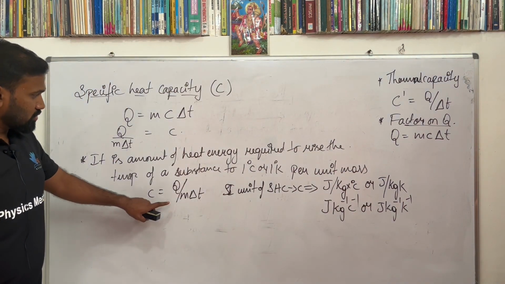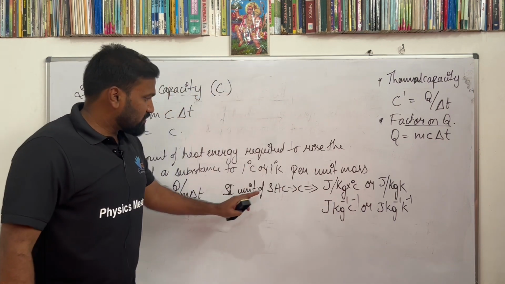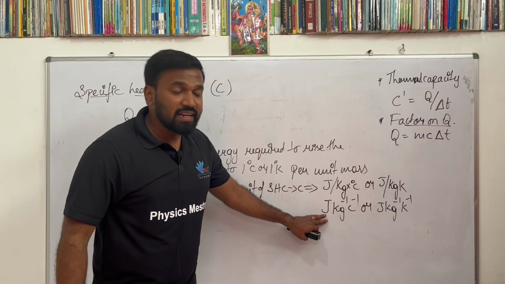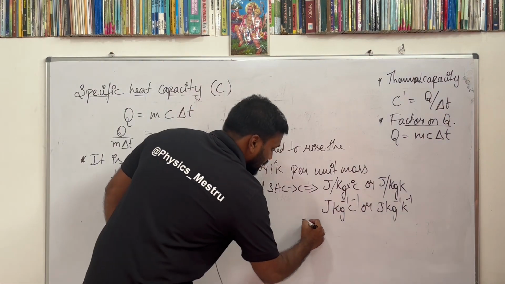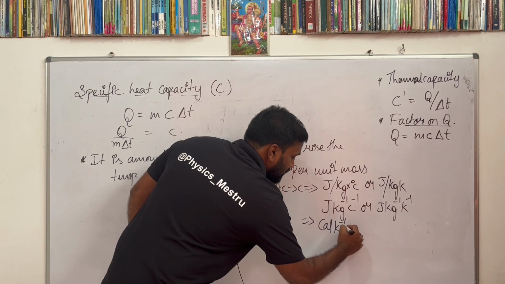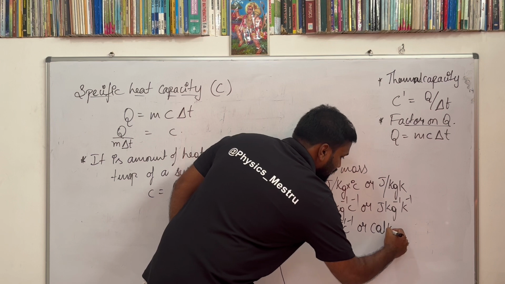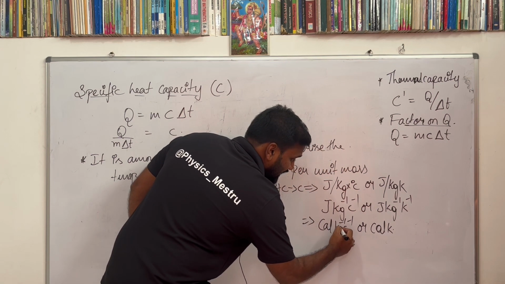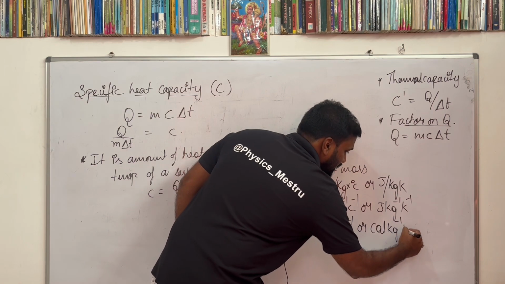This is the unit of specific heat capacity if we take the heat energy in terms of joules. The same thing, if we take it in terms of calories, will be calorie per kg per degree Celsius or calorie per kg per Kelvin.